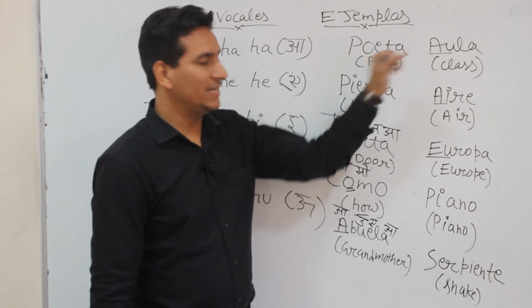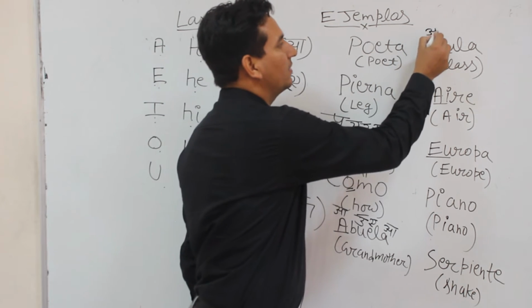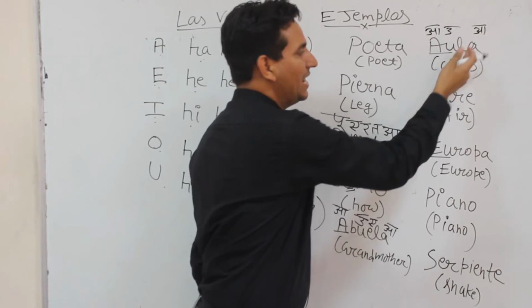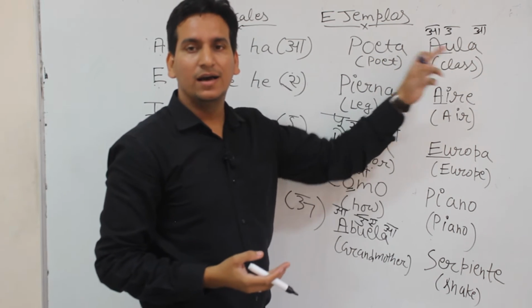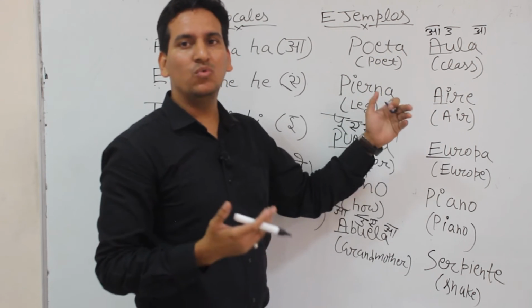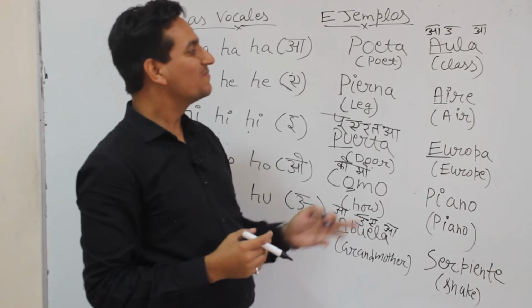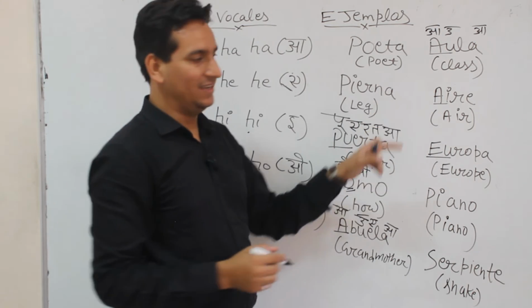Next example is aula. A is A, U is U, A is A, and L we have in between, so it becomes aula, which is class in Spanish. Next is AIRE.